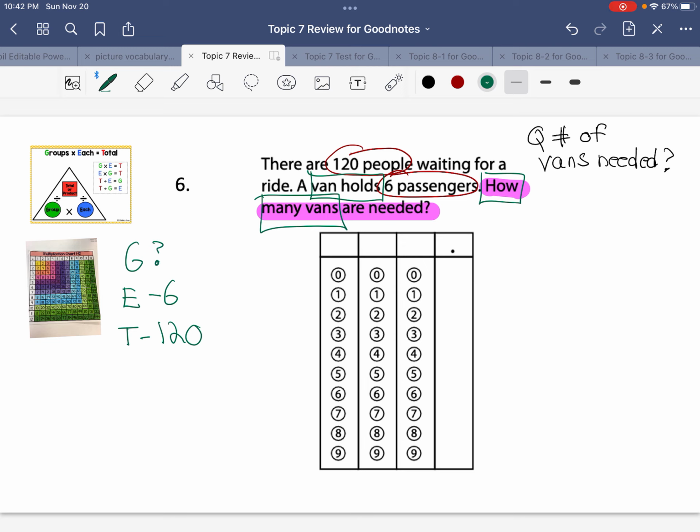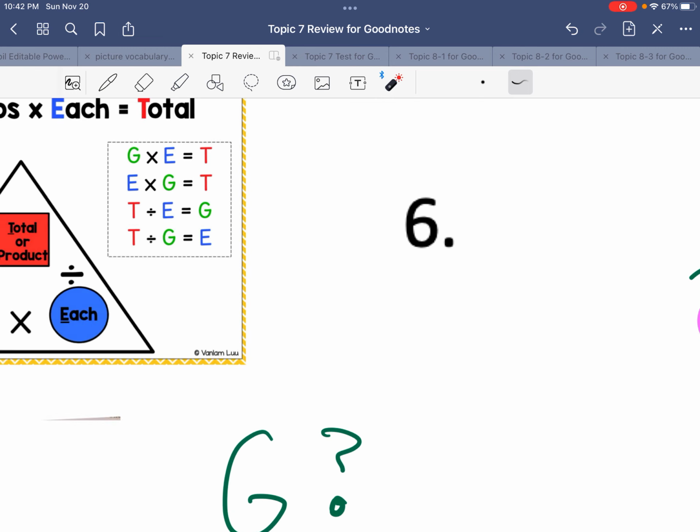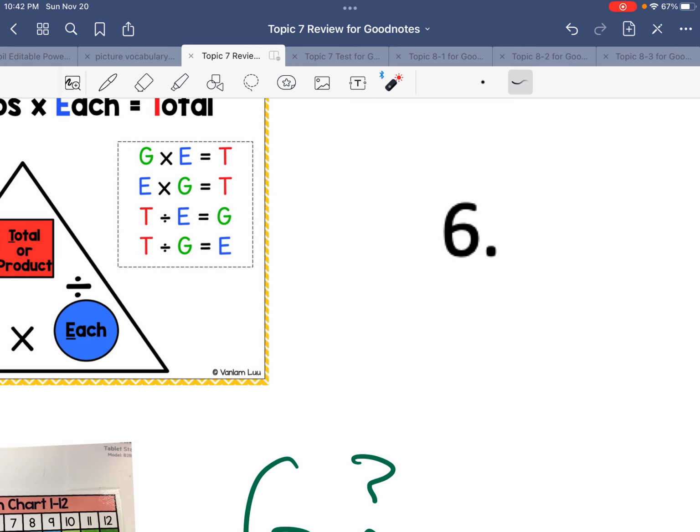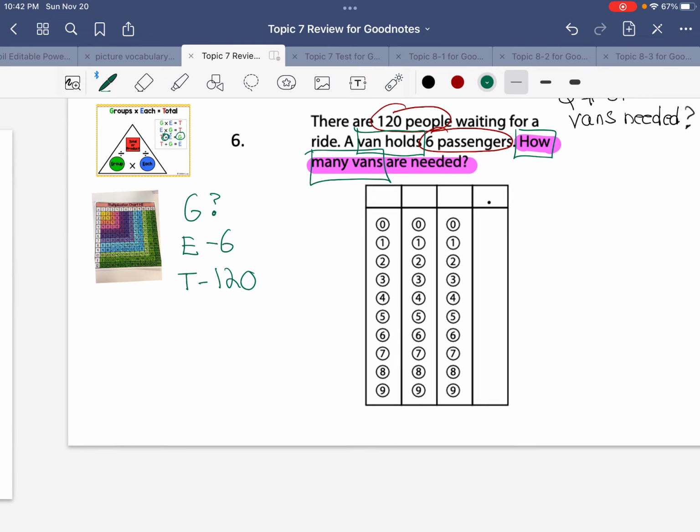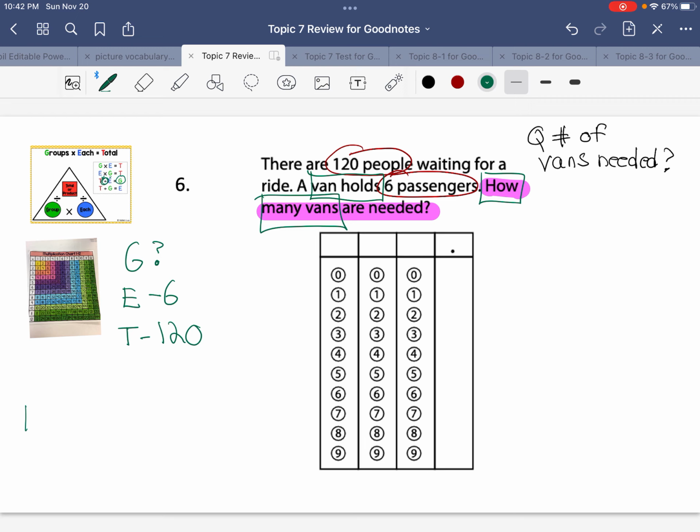So let's see. If I know my total, I know my each, but I don't know my groups. I know my total, I know my each, but I'm looking for my groups. I'm still going to be dividing. So I'm going to be dividing 120 divided by 6.